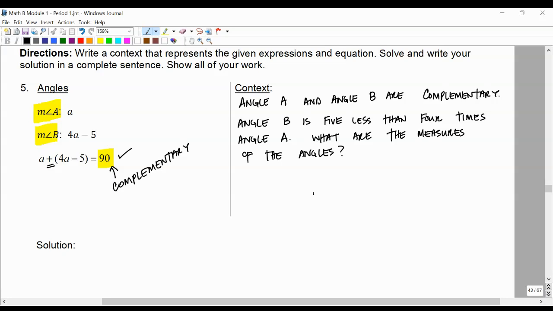All right. If you choose to solve this, you're going to get that angle A is 19 and angle B is 71, but that's optional.